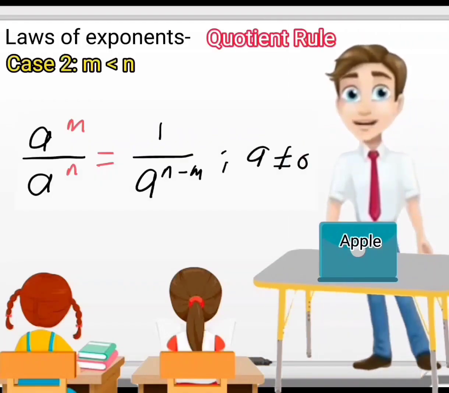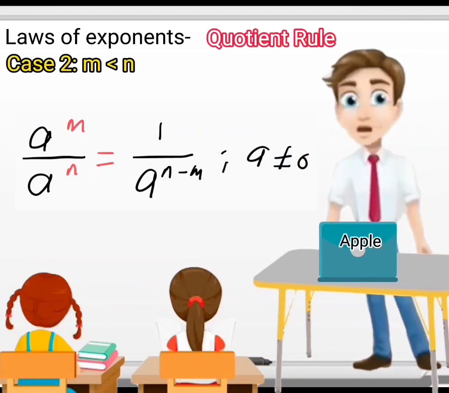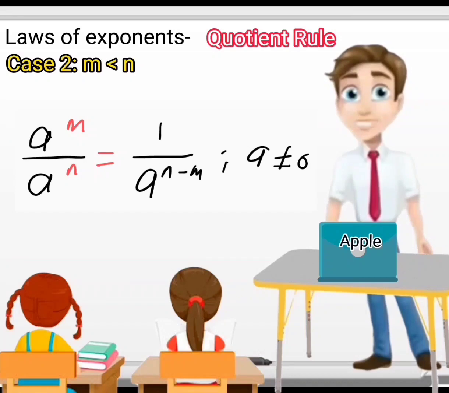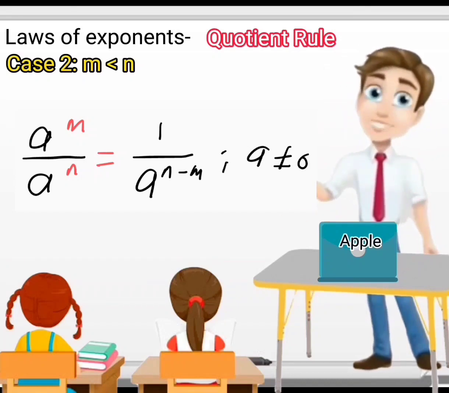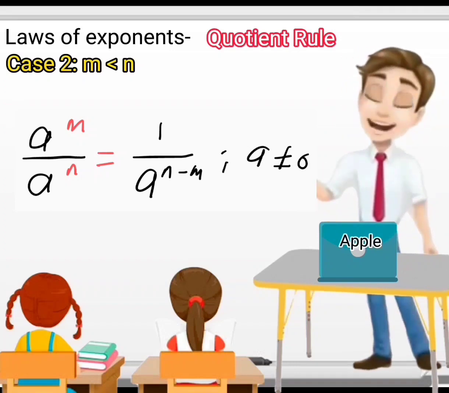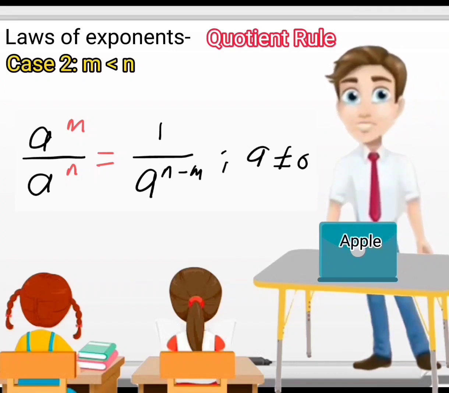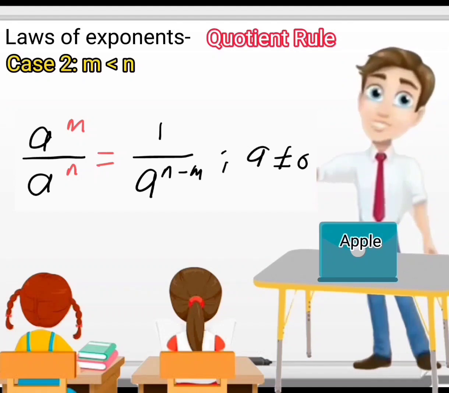So we are still on quotient rule, but this time we have case 2. Ano ba yung case 2? Yung value ng m ay less than the value of n. So meaning to say, the exponent in the numerator is less than the exponent in the denominator. So again, yung base natin ay parehas pa rin, a. So paano ang gagawin natin?